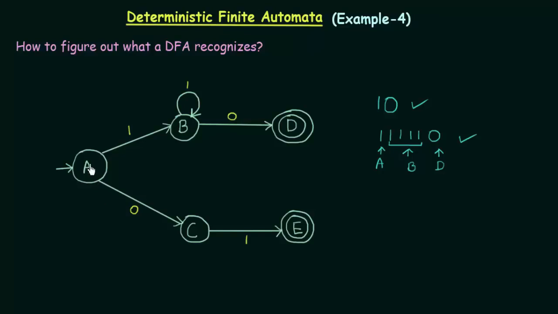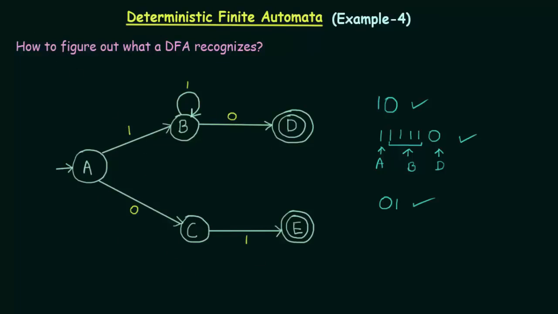When we start from the starting state A, and it gets input 0, it goes to state C. In C, if we get input 1, it goes to state E, and it reaches the final state. So this is also accepted. How can we summarize what this DFA recognizes?